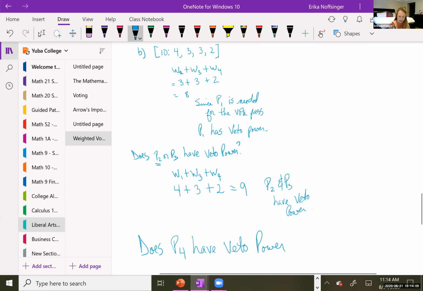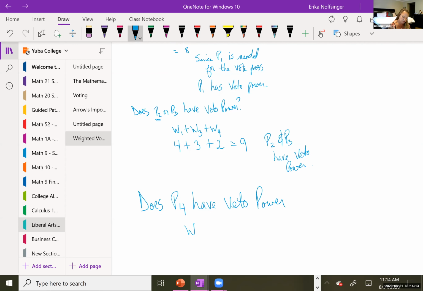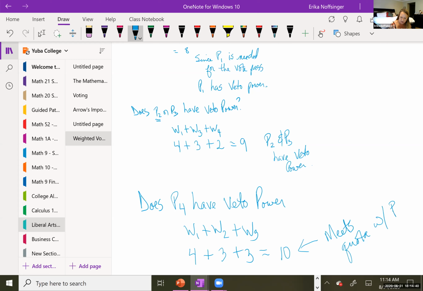So 4 plus 3 plus 3, the weight of player 1 plus the weight of player 2 plus the weight of player 3. This is equal to 10, which meets the quota. So this meets the quota without player 4. So player 4 does not have veto power.